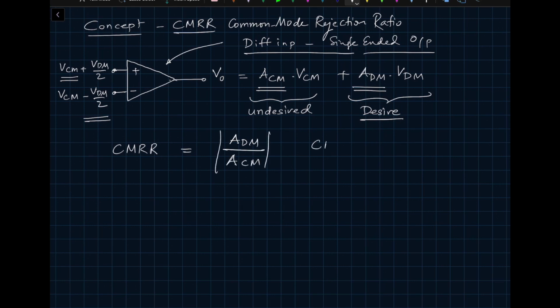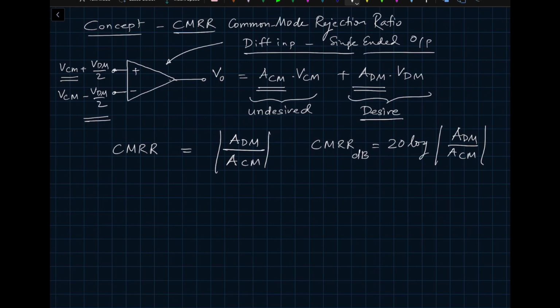And CMRR in dB, which is the way it's always measured, is 20 log of the magnitude of ADM divided by ACM. The reason we take the magnitude is we don't care about the inversion or negative signs anywhere in this analysis.